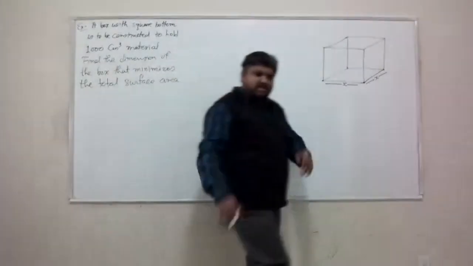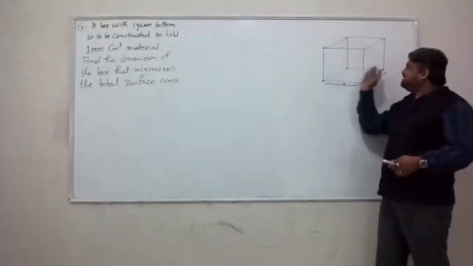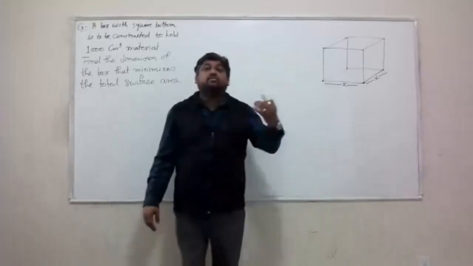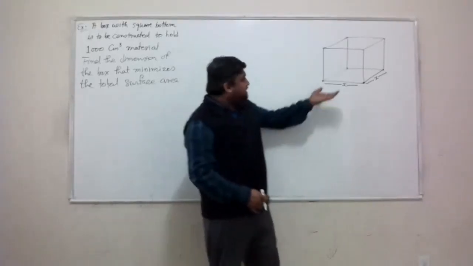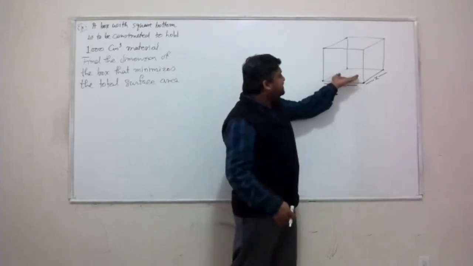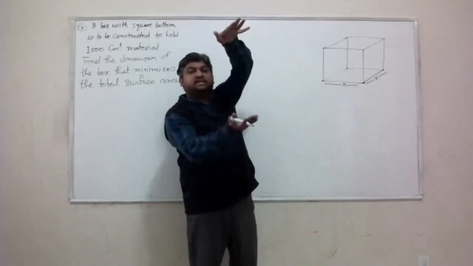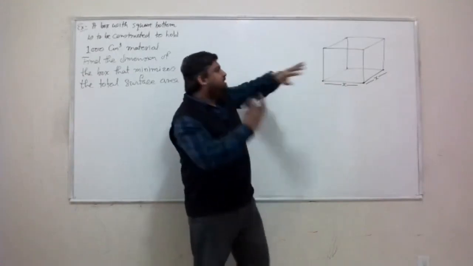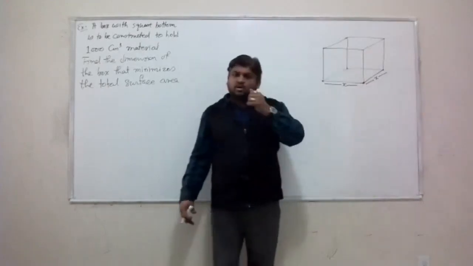All right, let's think about this statement. Surface area. How many surfaces does a box have? The box really has 6 surfaces, right? Look at this. One surface is in the bottom, the base itself, one surface is in the top, right? So in the top and the bottom you have 2 surfaces, and then on 4 sides you have 4 more surfaces.